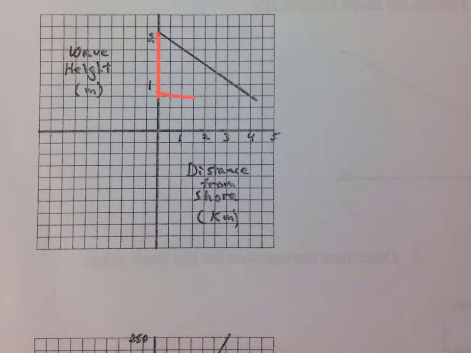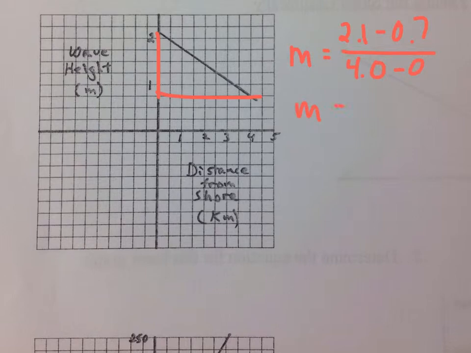Go down, go over, and the slope is going to be y sub 2, which in this case is about 2.1, minus y sub 1, which is about 0.7, over x sub 2, which is 4.0, minus x sub 1, which is 0.